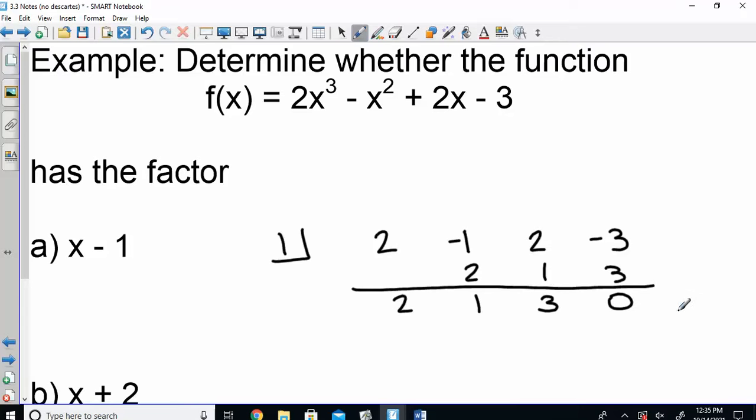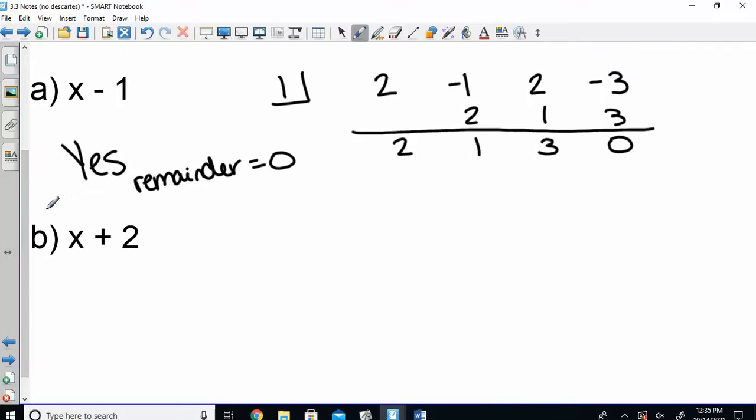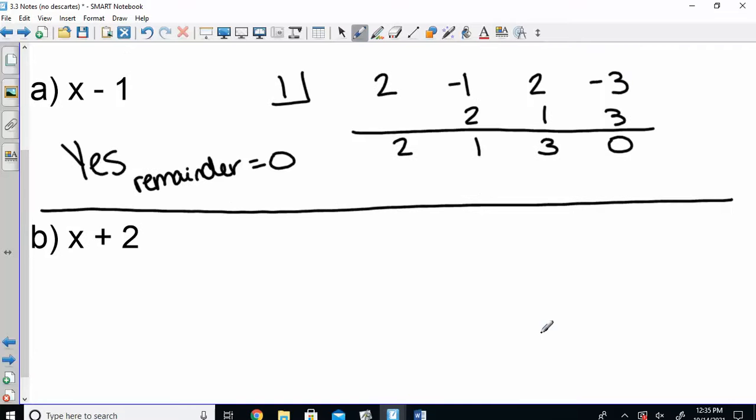So is this a factor? Yes. The remainder is 0, so it's a factor. If you get any other number, it's not a factor. That's a way of doing it. It's not too time-consuming, not too difficult. So we can certainly do that.